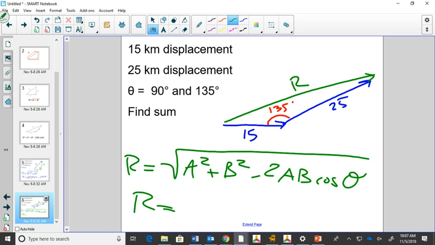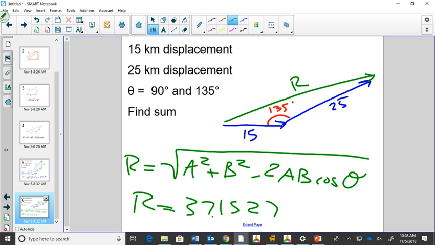So what do we get? Anybody? What'd you get? It's close. 37 point what? 0.15? There's a bigger number than that, right? Give me the rest. Okay, cool.